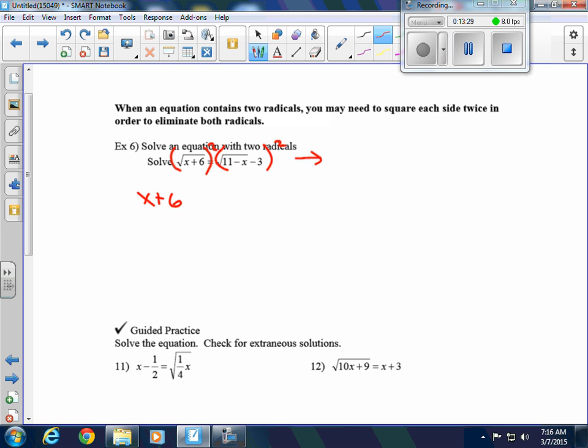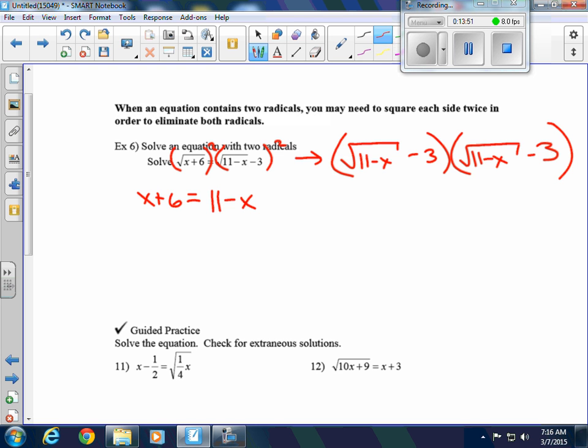Okay, so then we also have to square this side. Well, remember, again, this is going to be a FOIL problem. I'm just going to write it out here over on the side, and let's FOIL this. So if we take the first, square root of 11 minus x times the square root of 11 minus x is 11 minus x.